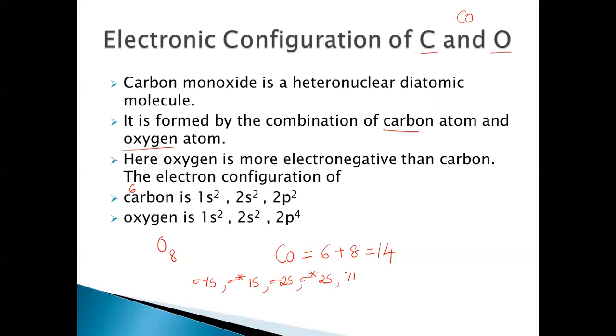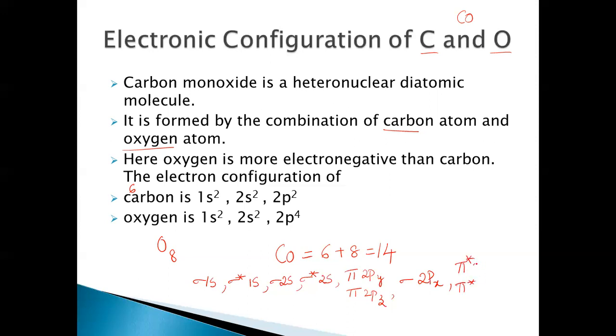Here first comes pi and then sigma 2px. So it is just the reverse in the energy levels of sigma and pi, where the energy level of sigma 2px is more than that of the pi here. We've already discussed this. Then comes pi star.